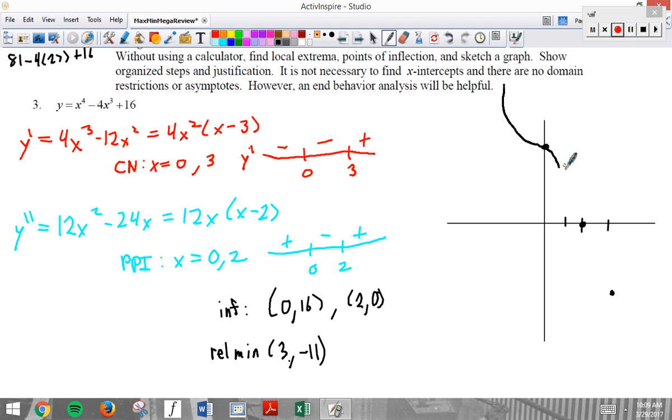Concave down, but decreasing into a concave up shape, switching to concave up and increasing. X to the fourth, up on both ends. Check, check.